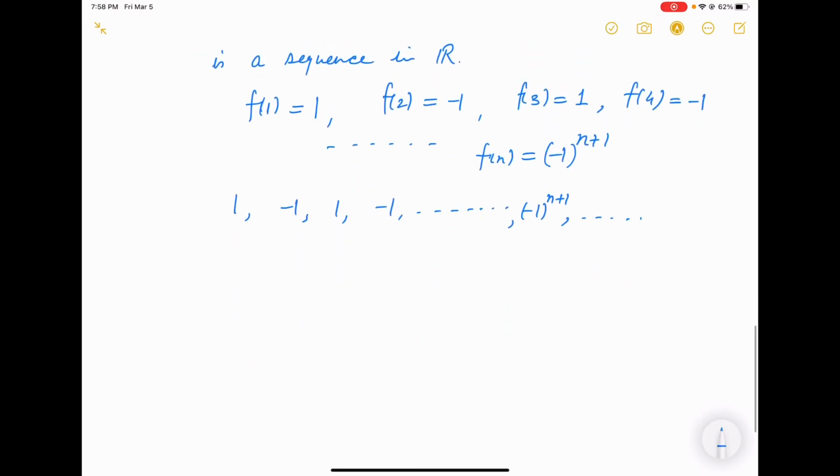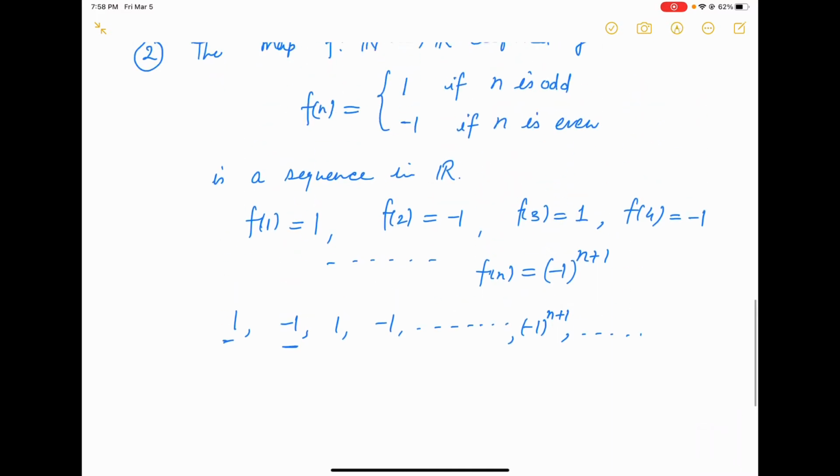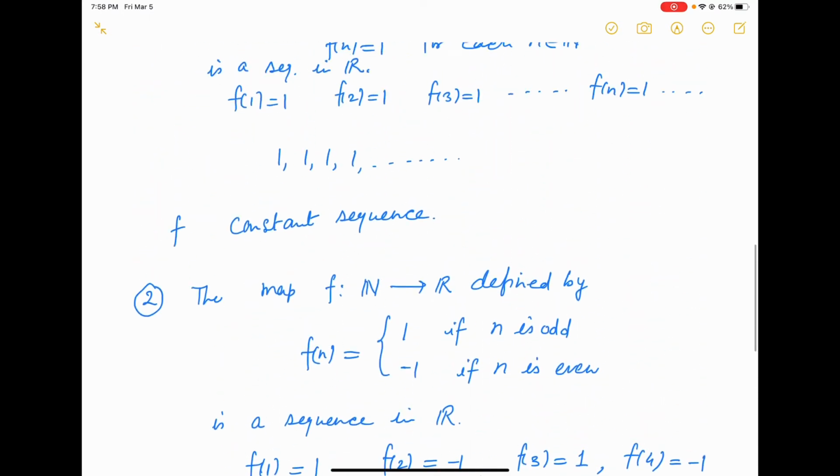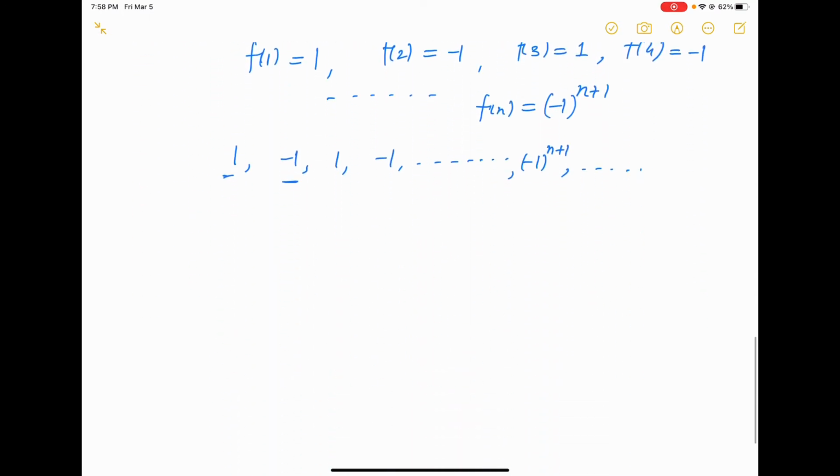You can see here the elements oscillate between 1, -1, 1, -1, 1, -1. So actually this second one is an example of an oscillatory sequence. The first one is a constant sequence and the second one is an example of an oscillatory sequence.